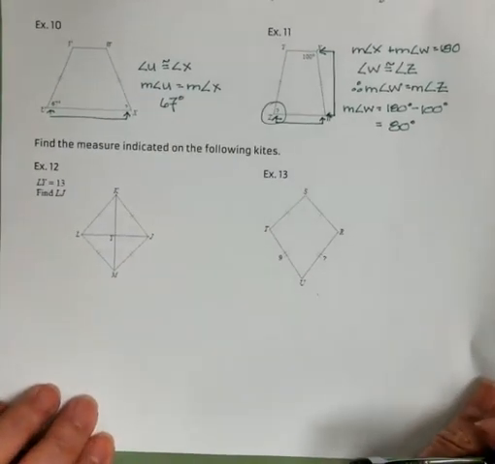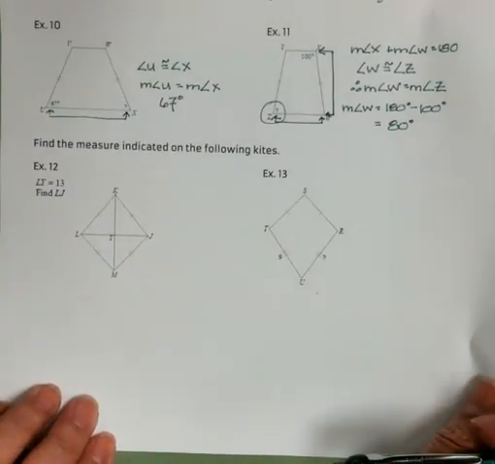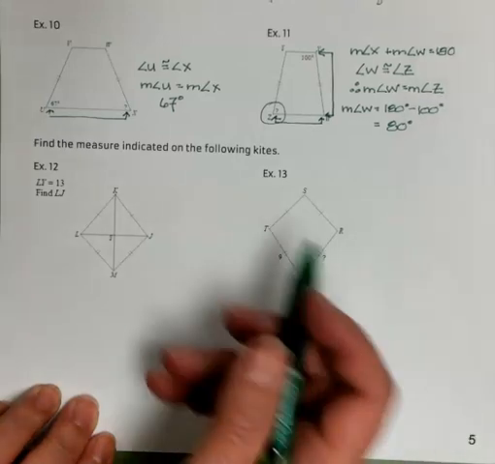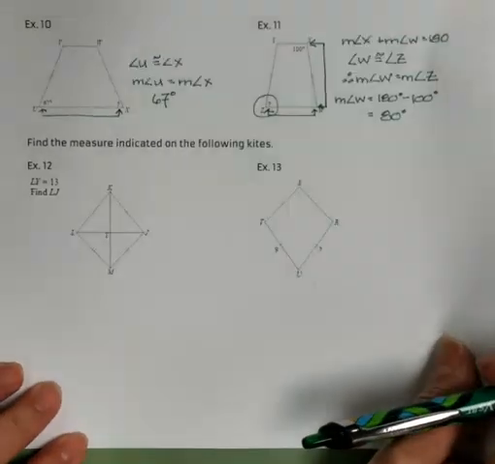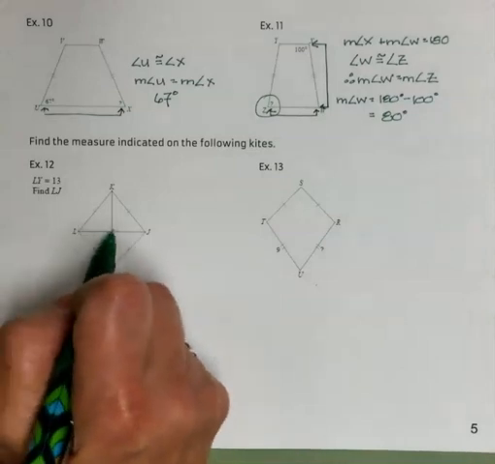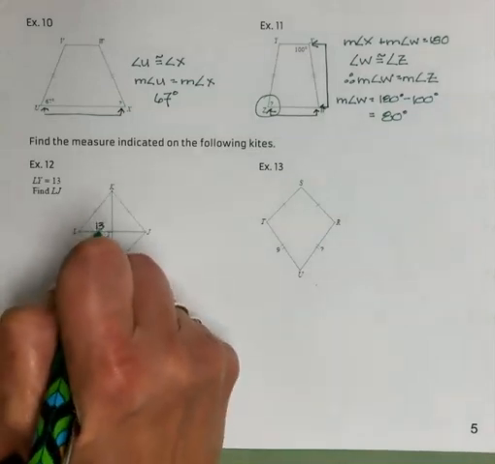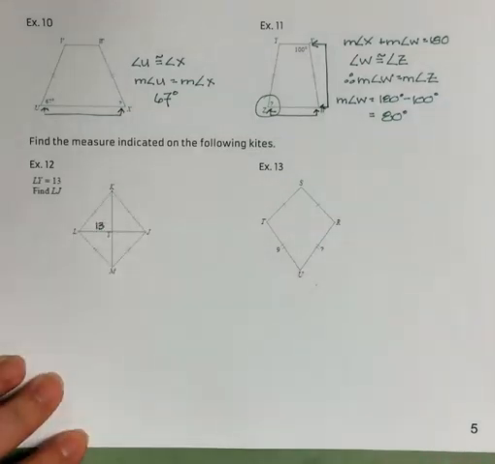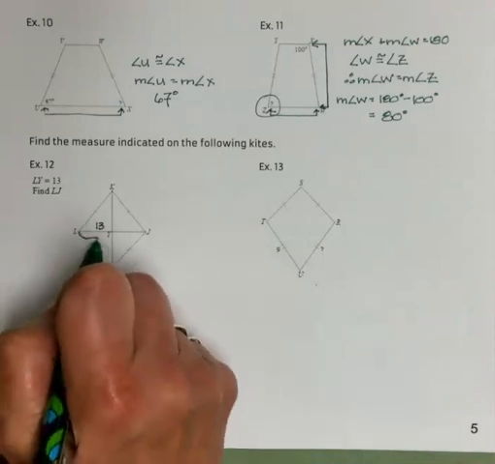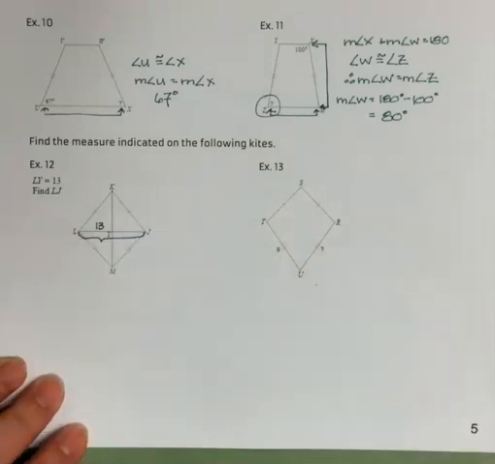Moving on to our kites. We are given that LY is 13, and we want to find the measure of LJ.